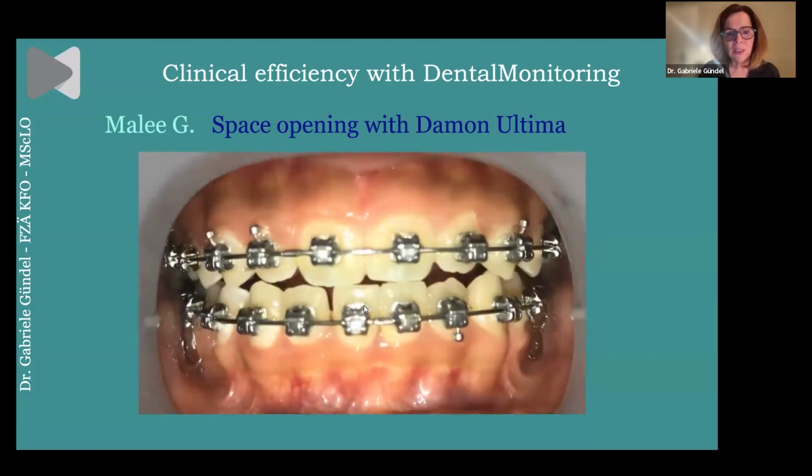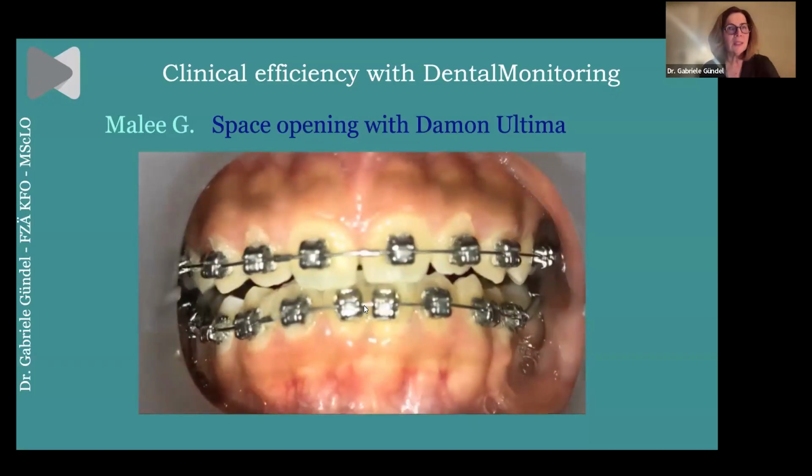Please look at this video. Look here. Can you see the space between the tooth 42 and 43? This is a space you don't want, because you have to close it. It is a waste of time to close spaces because they are developing. And if you wait too long and don't see this, maybe the space will grow, it will increase, and it takes more time to close it again.